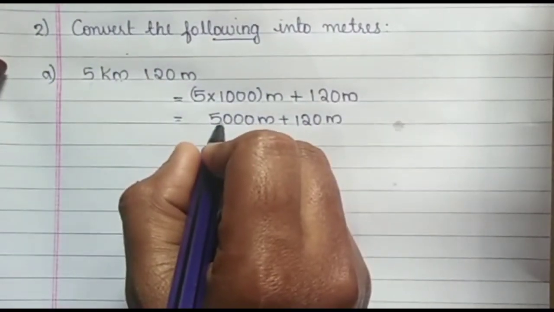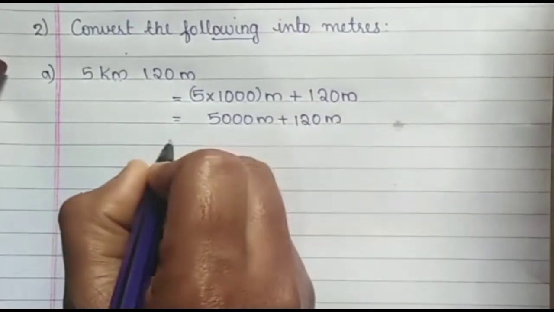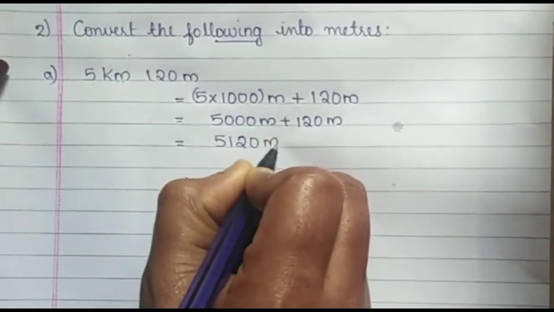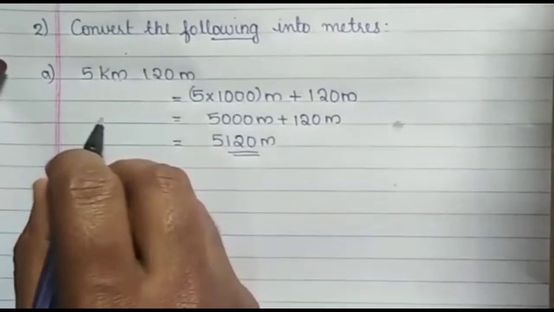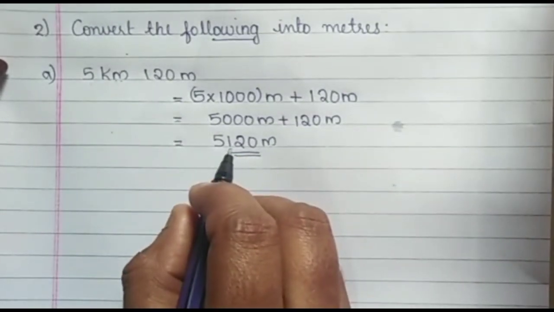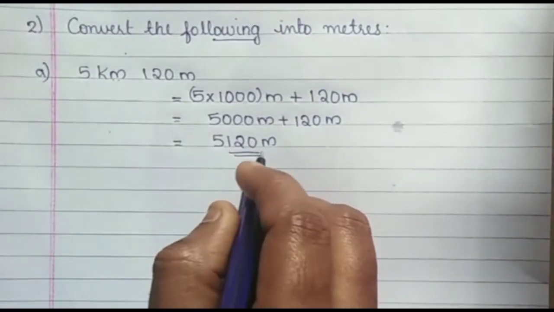We know that 5000 plus 120, the answer is, yes, 5120 meters. So we have converted 5 kilometers, 120 meters into meters. The answer is 5120 meters.